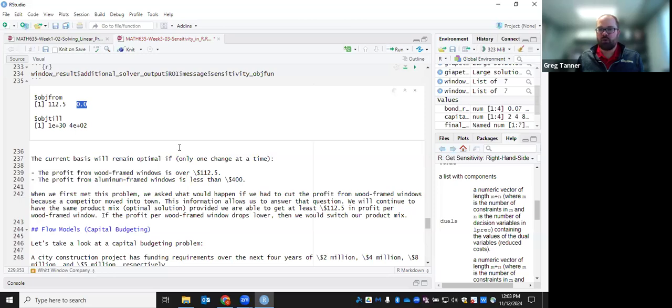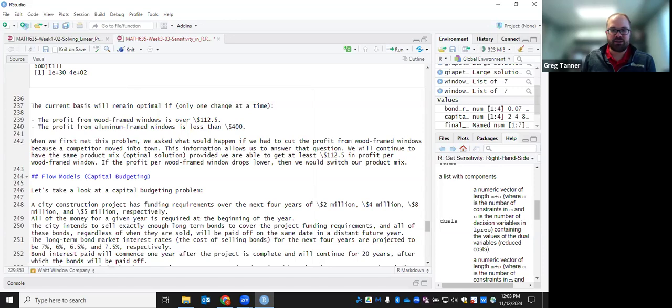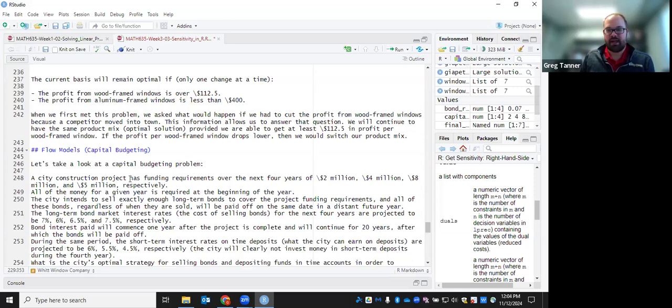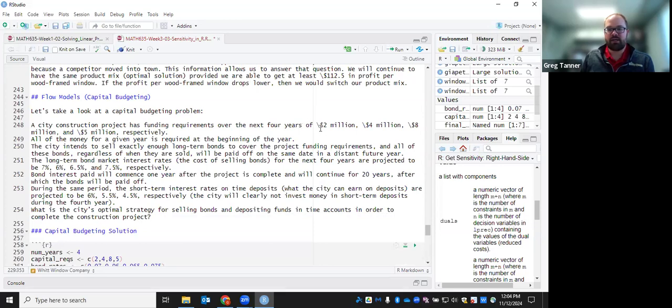Let's do one more quick example that's a little bit different. It's going to be a minimization problem this time, looking at the capital budgeting flow model problem, where we need to cover capital expenditures of 2 million, 4 million, 8 million, and 5 million in 4 consecutive years.